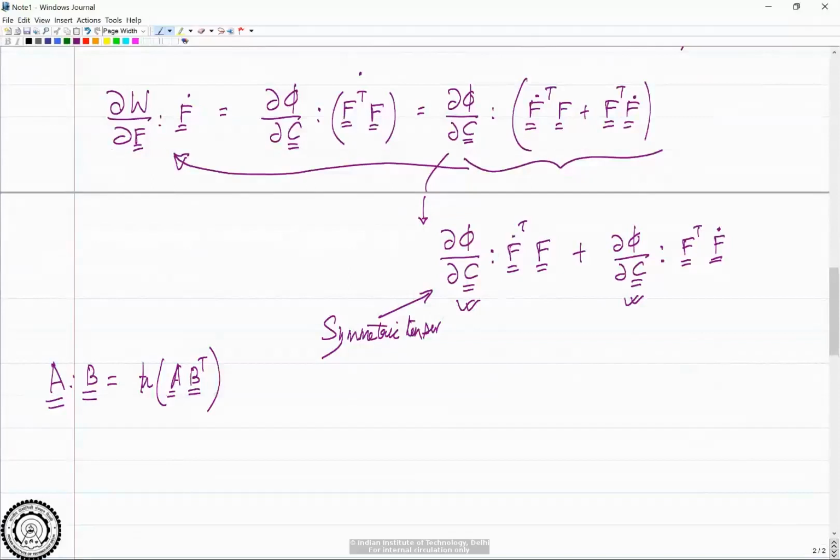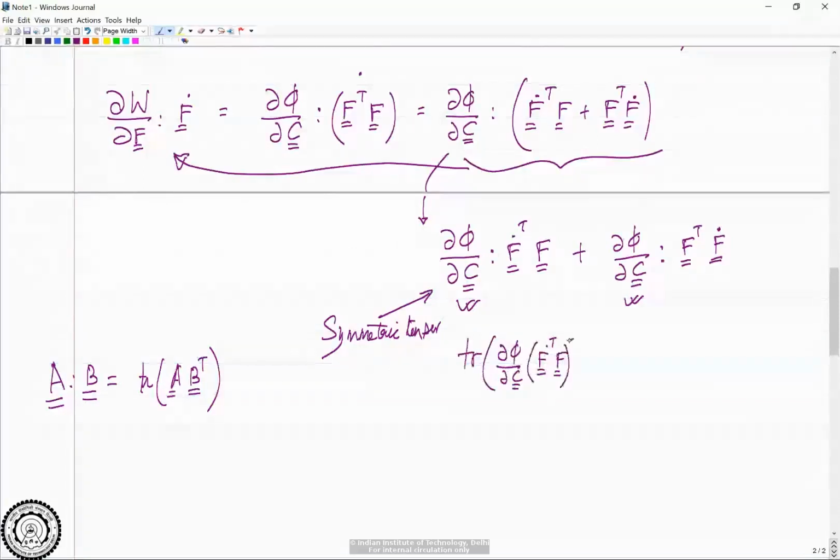Okay, so here also we can write this as trace of del phi over del C into F dot transpose into F, whole transpose. So this becomes trace of del phi over del C into F transpose into F dot.